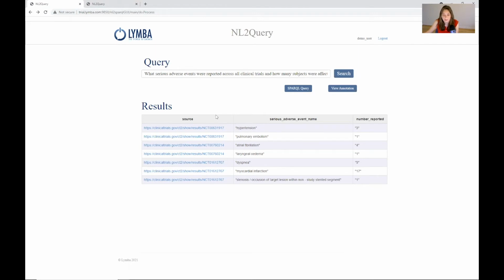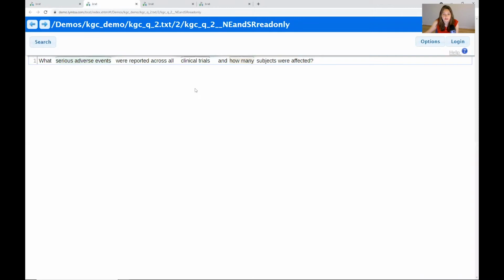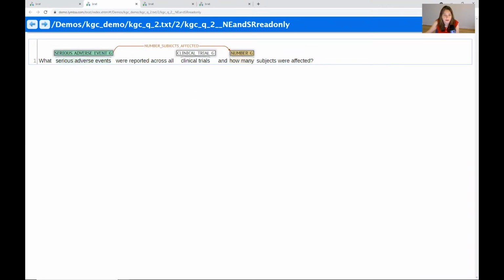But this is again combining from all of the different clinical trials, what the events were and the number of people. So we know if this is anything we have to be concerned about. That is going to look, again, very similarly, where we have the serious adverse event. Again, the relationship. So we know adverse events have number of subjects affected, and it's across all of our clinical trials.